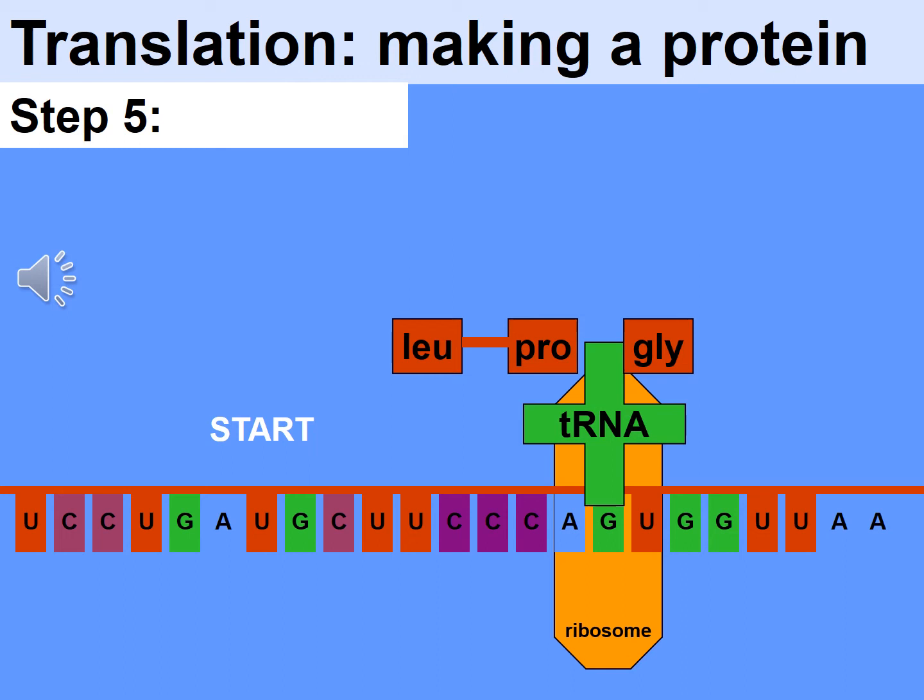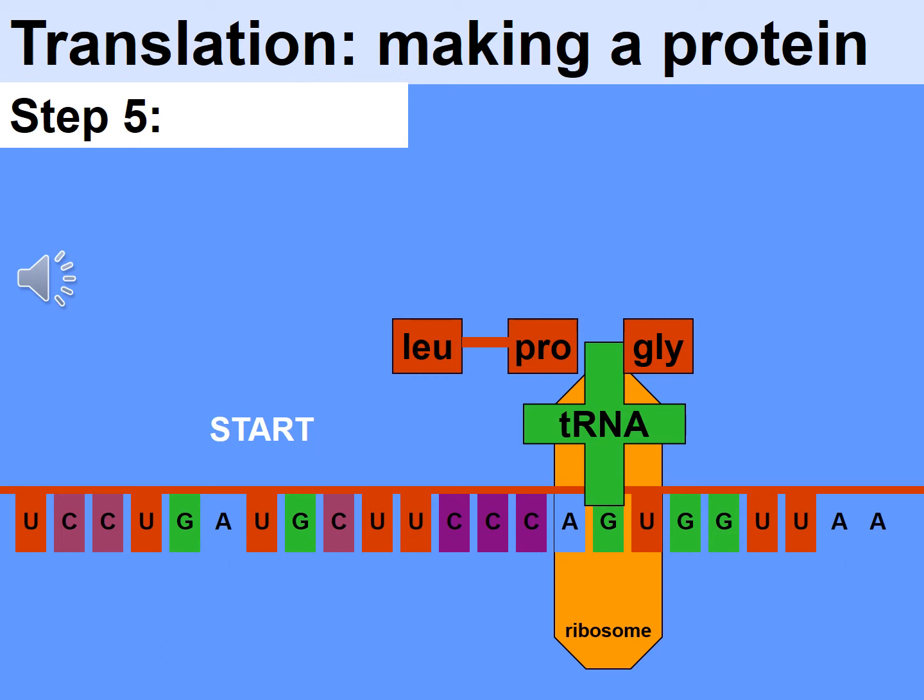Okay, so here we're still on step 5. In this slide, we see now that the tRNA dropped off the proline and left, and now the ribosome continues on to the next codon or reading frame, which is AGU. The ribosome will scoot over 3 more.